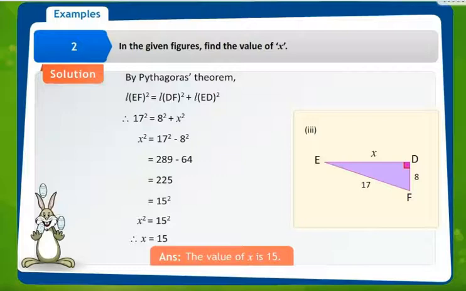This is what we are supposed to find. So x square is equal to 17 square minus 8 square. That is 289 minus 64, which is equal to 225. So 15 square is 225. So x square is equal to 15 square. So x is equal to 15. So the value of x is 15.